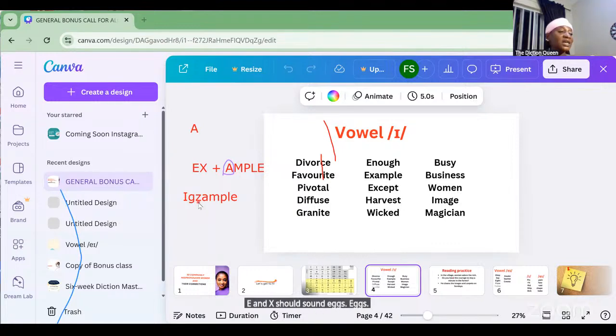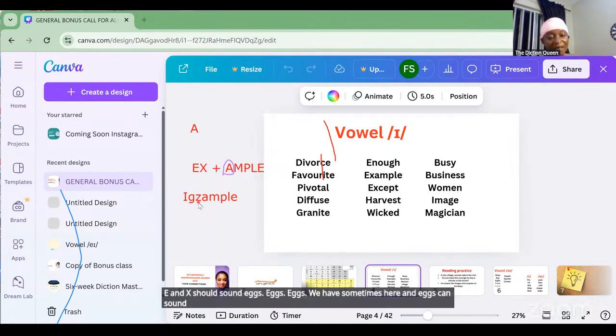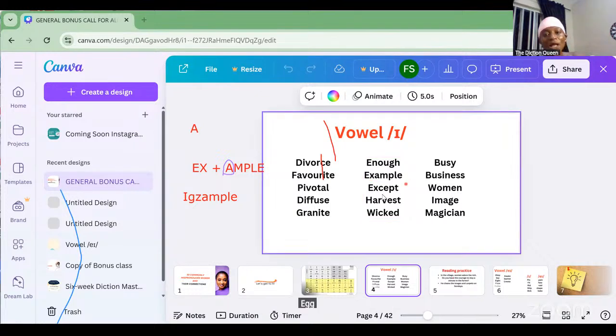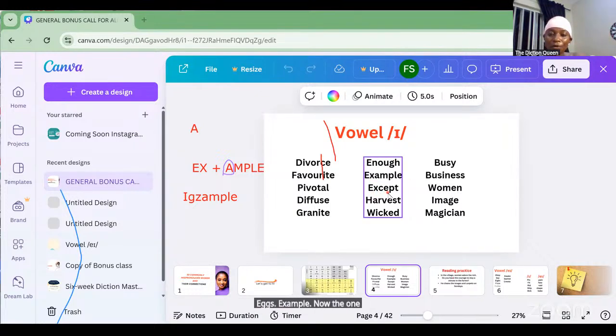Sometimes E and X can sound X. It depends. But tonight we're focusing on just this one rule. So the word here is pronounced example, egg, eggs, example. Now the one here is example, except.